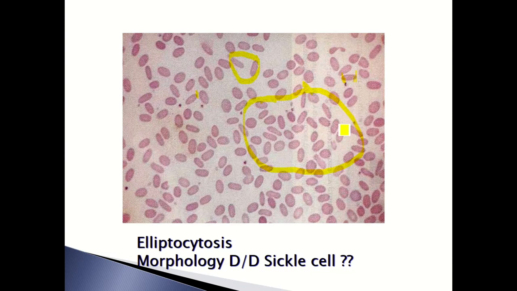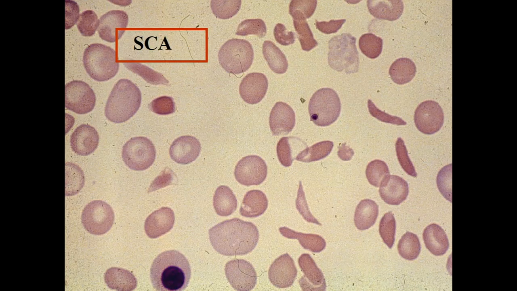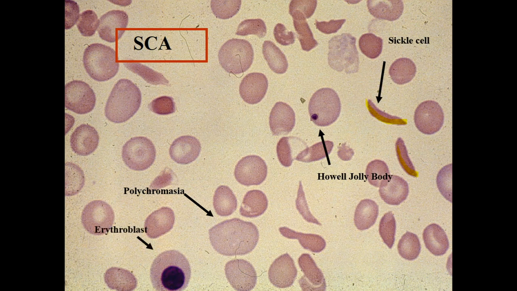And in elliptocytes there is some pallor, but in sickle cell RBCs you can see it is fully hemoglobinized with such tapering ends. So you have to differentiate elliptocytes from sickle cell RBCs. Now moving towards the next topic: this is a Howell-Jolly body, this is a polychromatic RBC, this is an erythroblast, and this is a target cell.